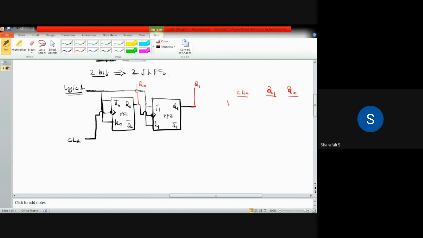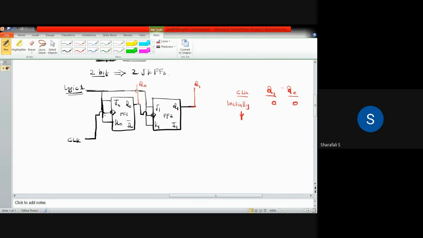Initially, let's consider that Q1 and Q0 will be 0 when you are not having the clock pulse. And when the first negative edge of your clock pulse arrives, what will happen?